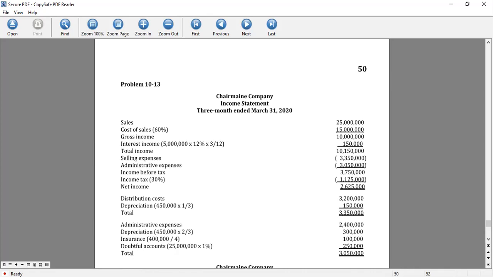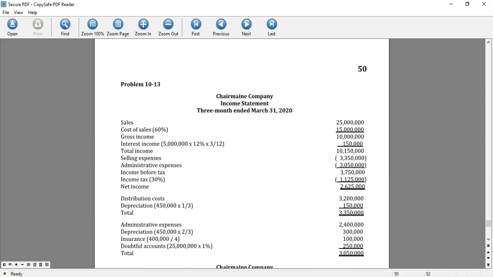Then we add the interest income. It's 5 million multiplied by 12%, and we multiply it by 3 over 12, which is good for one quarter.